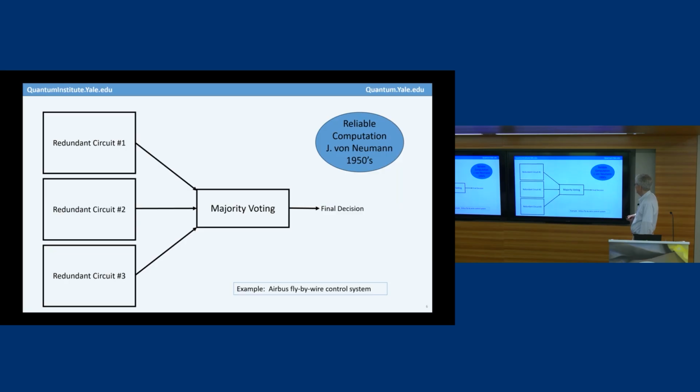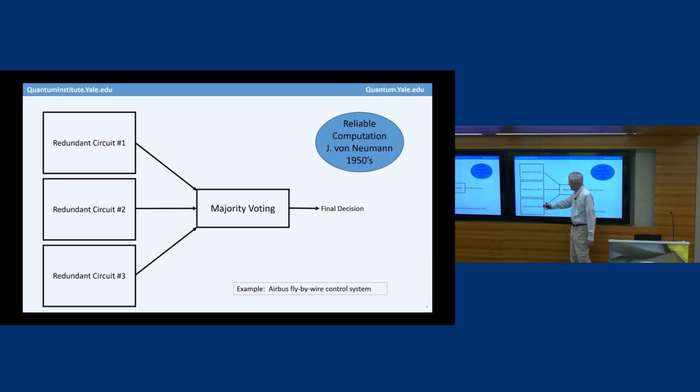And then von Neumann, thinking about computers where pieces fail, your brain where things can go wrong, started thinking about how to build redundancy into circuits, electrical circuits or neuronal circuits.